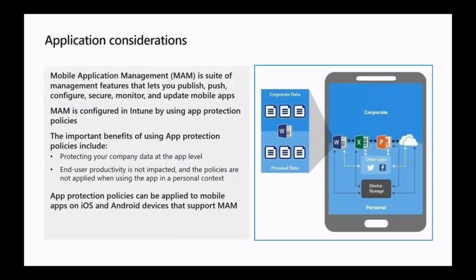App protection policies can be applied to mobile applications on iOS and Android devices that support MAM, mainly the most recent versions of Android and iOS. But depending on the situation, this could also cover certain applications that run on not so recent versions of these operating systems.